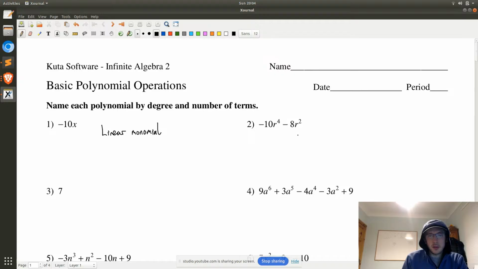This is of degree 4 and it has two terms, so I would say it's a binomial of degree 4, or a quartic binomial.